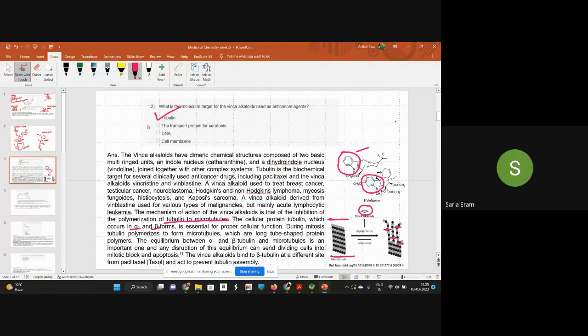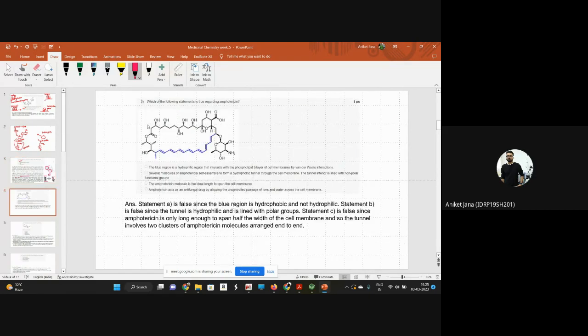Yes, sir. Okay. So here a big structure is given. Which of the following statements is true regarding amphotericin? Now what is this? What is this amphotericin?